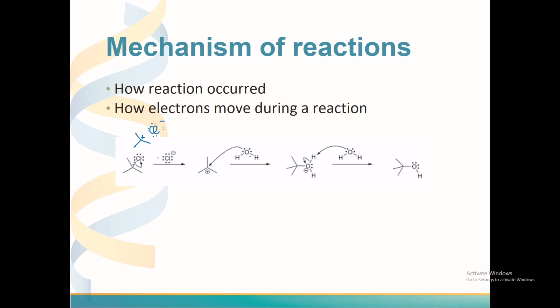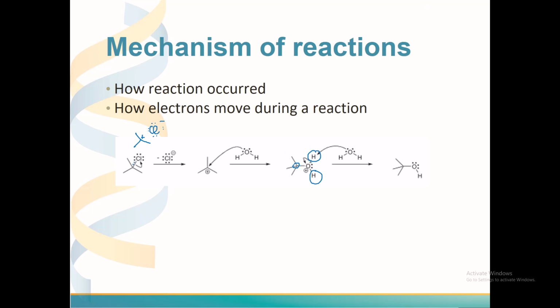Now since this oxygen has 3 bonds, which is with 2 hydrogens and 1 carbon here, this oxygen is now positively charged, even though it doesn't deviate from the octet rule, since it still has 8 electrons. So 1, 2, 3, 4, 5, 6, 7, 8. This is less stable, and then the same thing will happen.